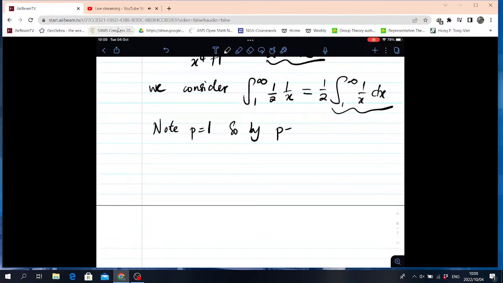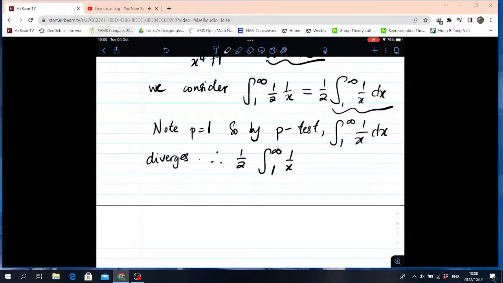So by the p-test, the integral from 1 to infinity of 1 over x dx diverges, and so therefore half of the integral from 1 to infinity of 1 over x also diverges, right?